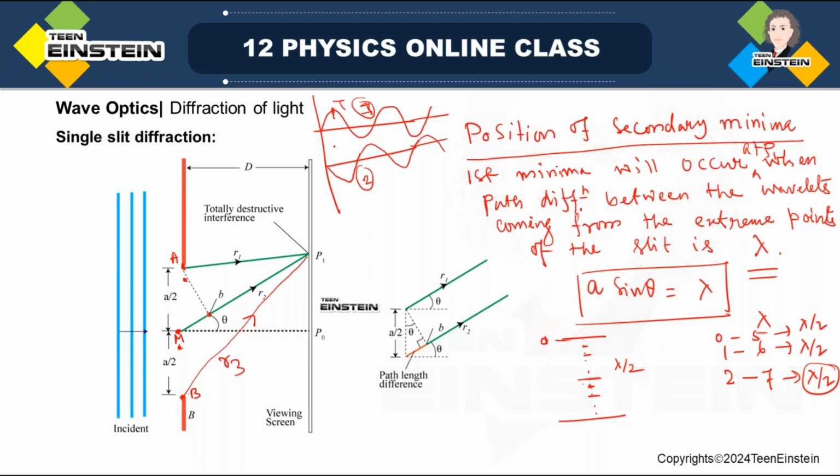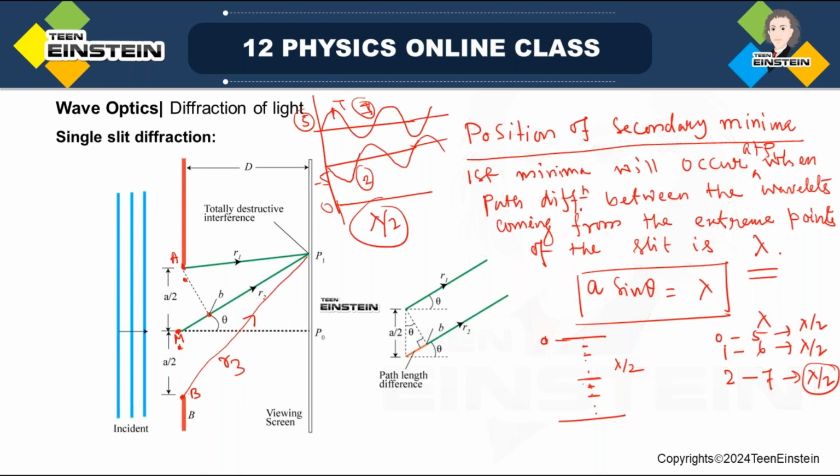If we have the same amplitude, 5 here and minus 5 there, and you add them, what will be the amplitude of the resultant wave? You will see 0 intensity or 0 amplitude. So this is what will happen when the path difference is lambda by 2.